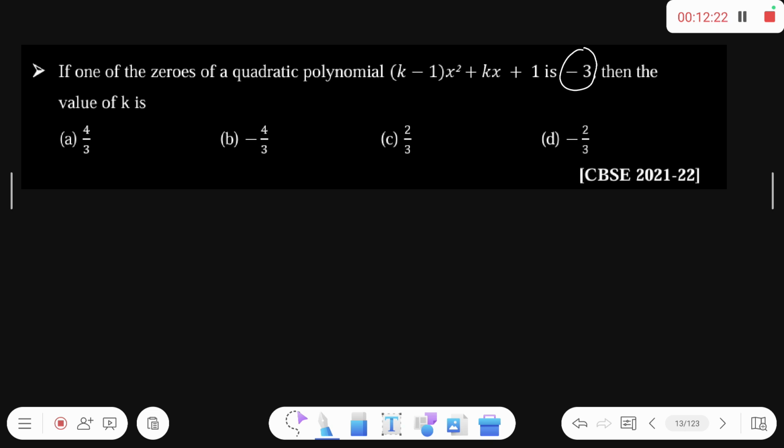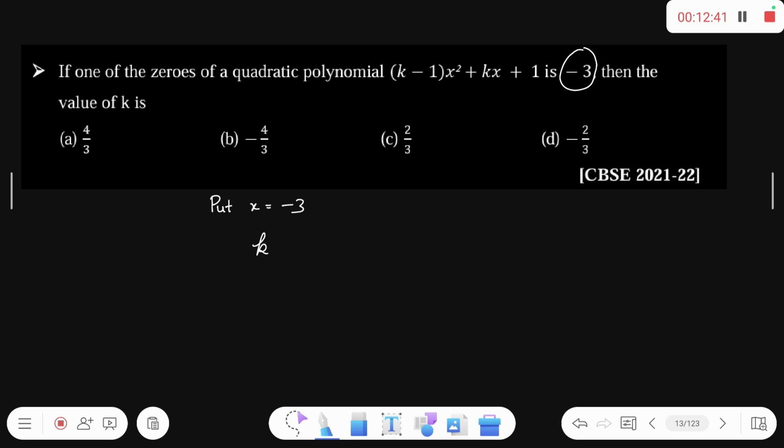Always pause before looking at the solution. So let me solve it. We know that in such questions, put x equal to minus 3 into the polynomial and calculate the value of k.